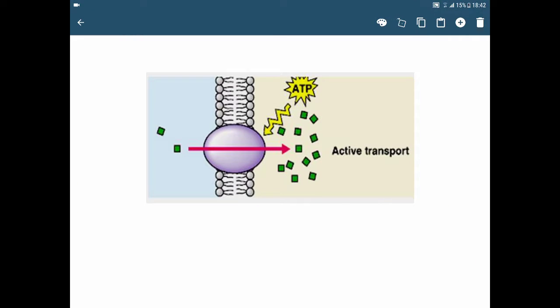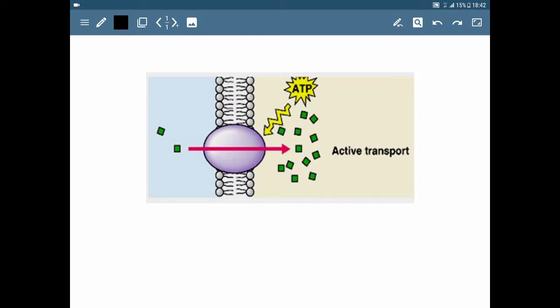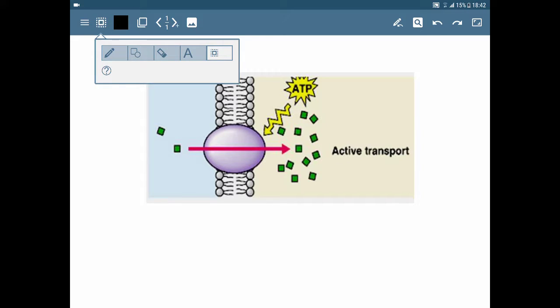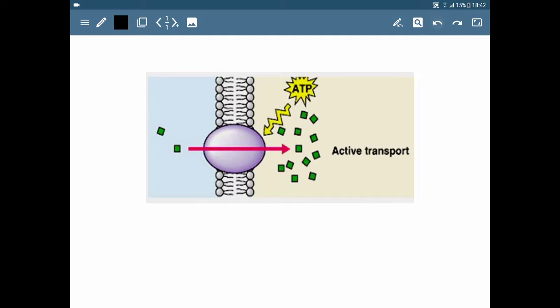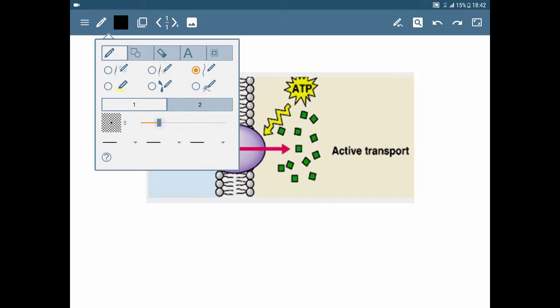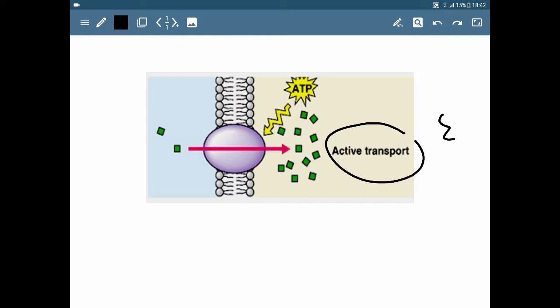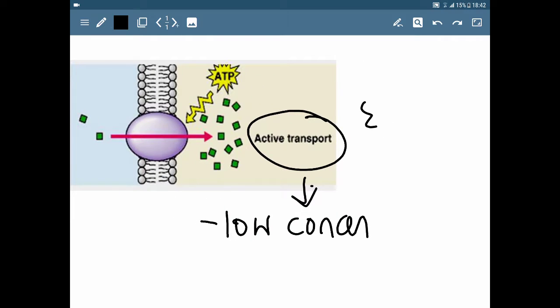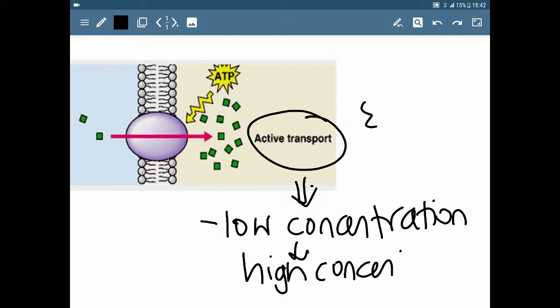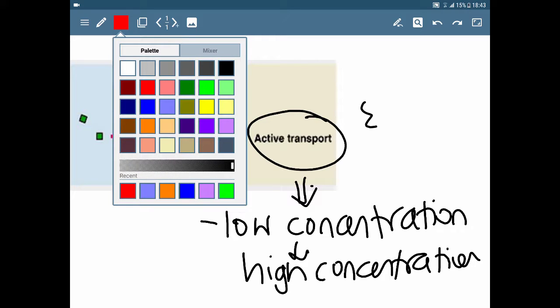Okay. So, active transport moves from low concentration to high concentration.